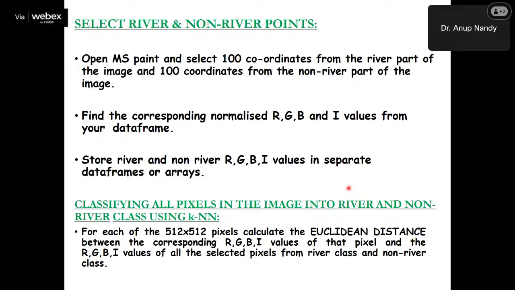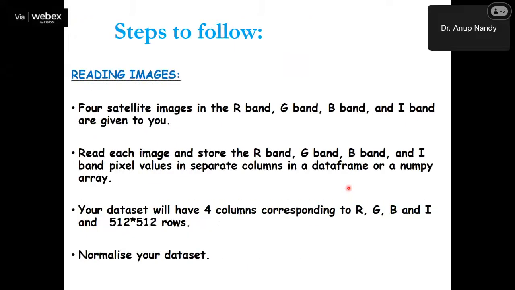Now somebody has asked a question: why is this normalization required? Actually, for this problem it is not really required, but whenever you have other images, this normalization will help you.